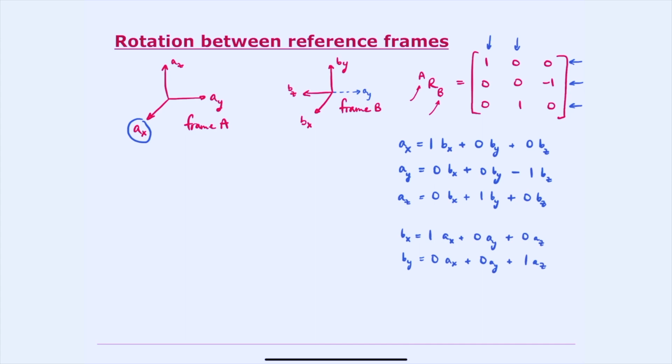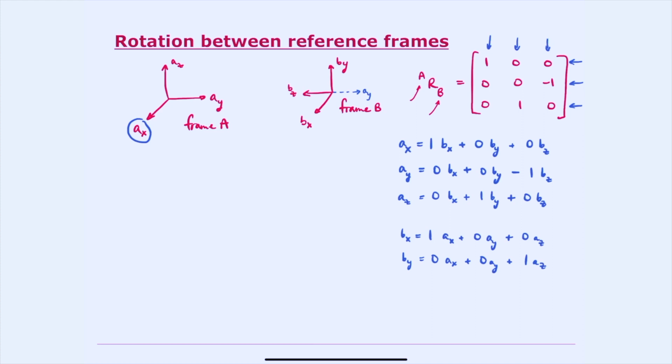The second column says BY equals 0 AX plus 0 AY plus 1 AZ. Is that true? Well, imagine taking BY, putting it in frame A, and expressing it using the basis vectors of frame A. We would need 1 AZ. And similarly for the third column. So that's how we can read what's in a rotation matrix.